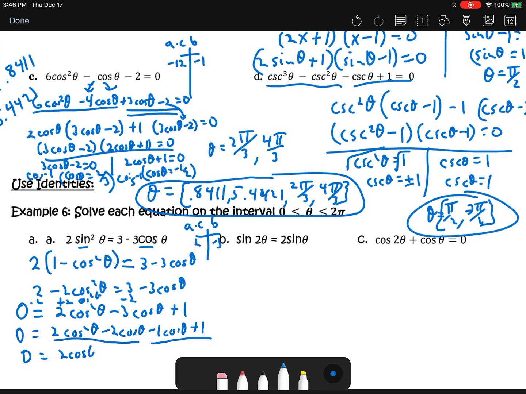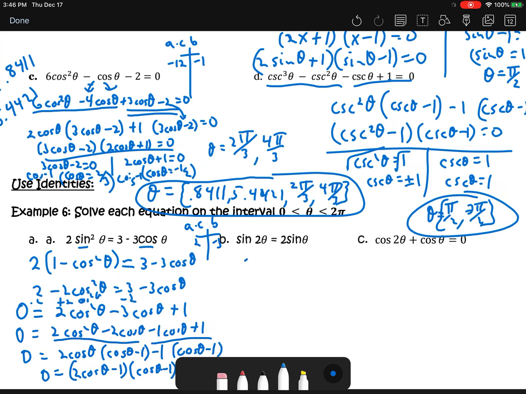So we take out a 2 cosine. What's left? Cosine minus 1. Cosine theta minus 1 over here automatically. You rewrite it. 1 divided by negative 1 is negative 1. So your factors are 2 cosine theta minus 1 times cosine theta minus 1.